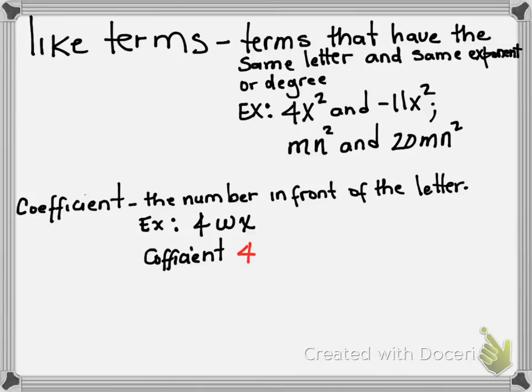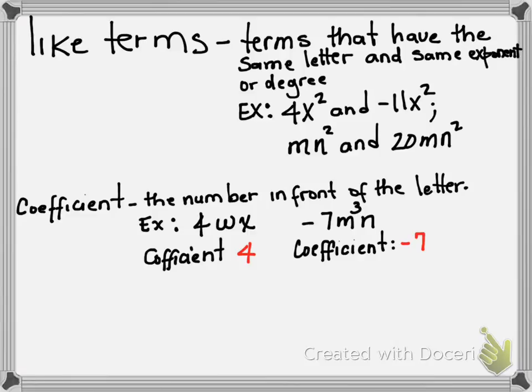Negative 7m cubed n. Now notice that the exponent is for the m and not for the n. The coefficient in front of it is negative 7, ladies and gentlemen. Remember, the negative sign comes with the number.